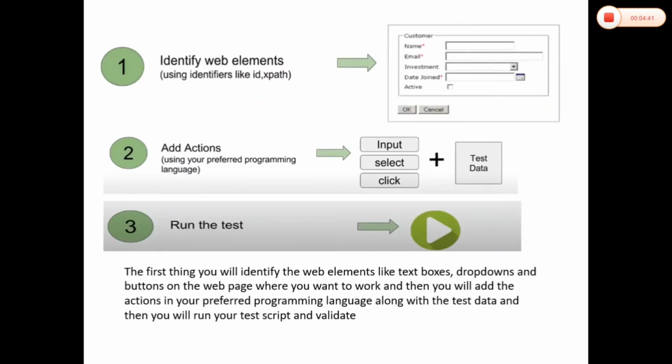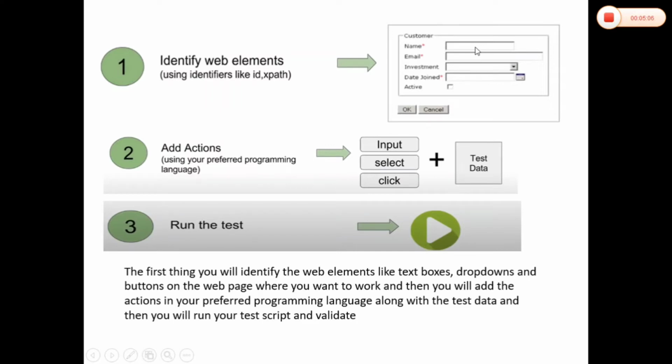See here, there are 3 steps. One, identify the web element. See here: name, email, investment, date joins, active. These are the different web elements present on the web page. Suppose you want to automate the name text box.